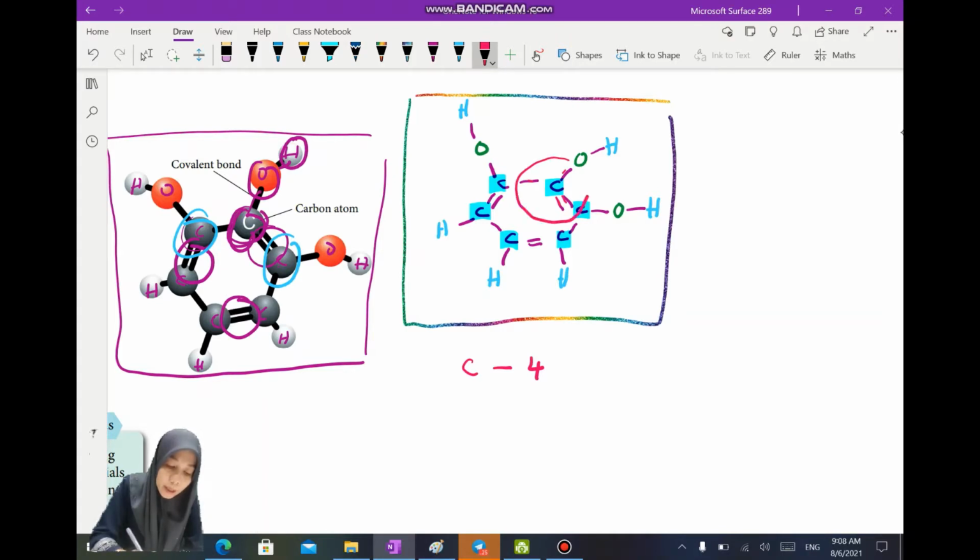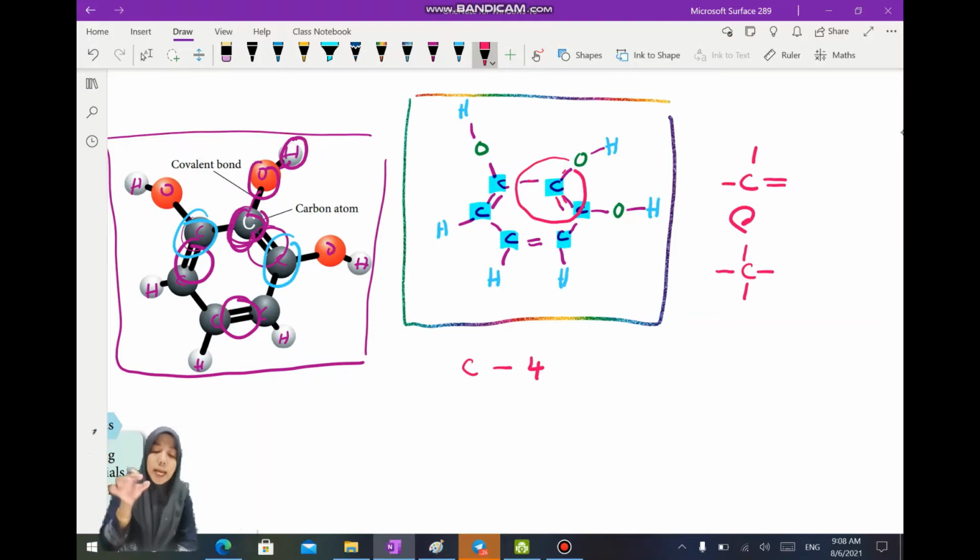Contoh kita ambil ni, C, dia ada 1, 2, 3, 4. Ataupun dia boleh juga jadi single bond, semua single bond. C, 1, 2, 3, 4. So, mesti dia ada 4 ikatan untuk atom C.